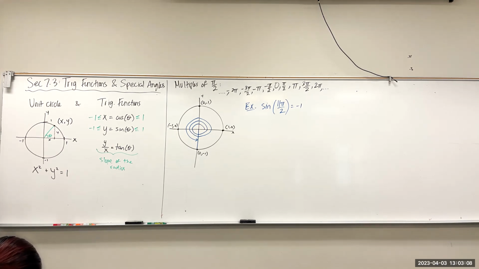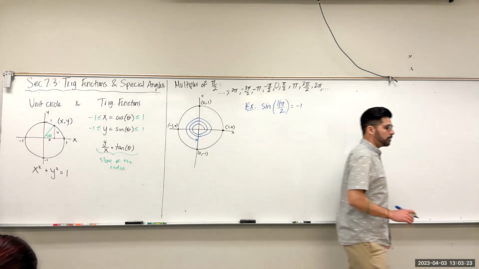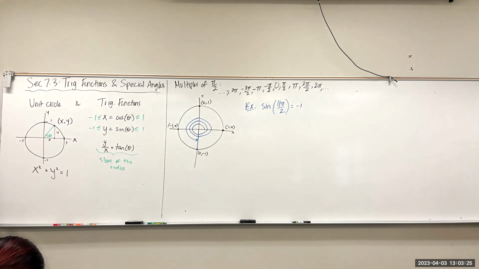Mine's up here. It's that one. You change it to radians. Okay, there should be a pi button. It might have you do shift and then hit the pi. Oh, yeah, it is. That one, right there.